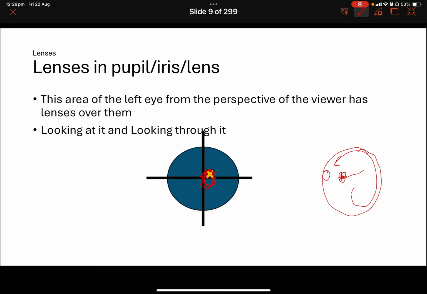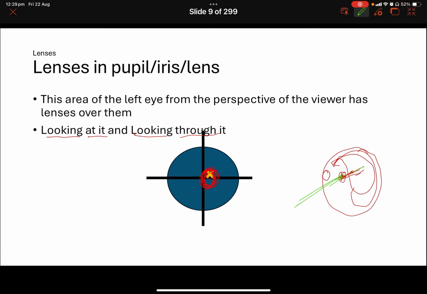And this is very important, looking at it, which is me receiving information to say that I'm looking at this lens, which is producing pictures being streamed into my brain, and then at the same time I'm looking through it. So it's like a screen.